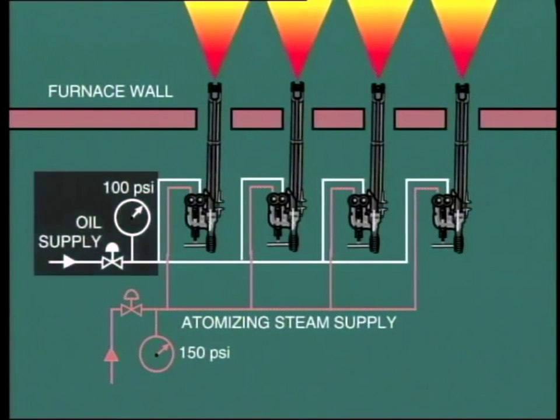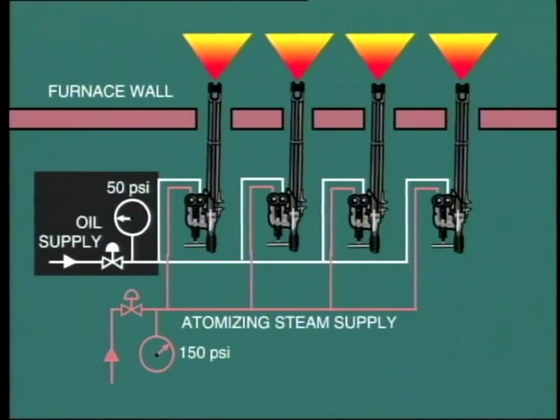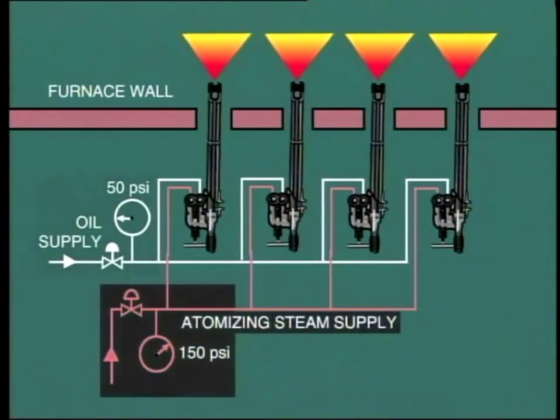By adjusting the fuel oil delivery pressure, we can control the amount of fuel injected into the furnace by the burner. The atomizing steam pressure will have to be adjusted accordingly, usually by automatic controls, in order to maintain the required pressure differential.